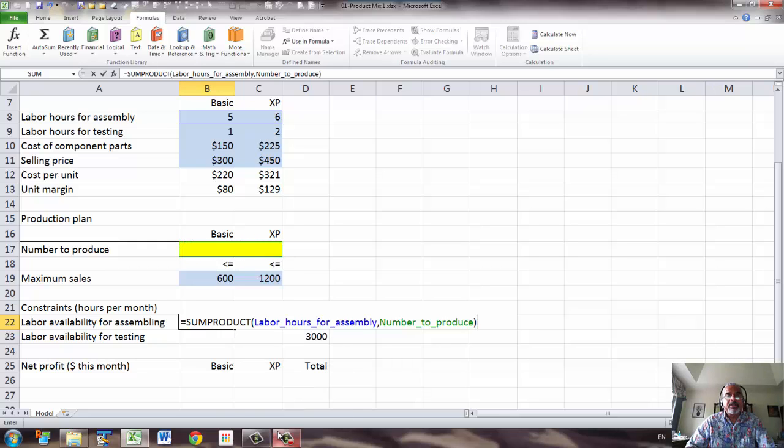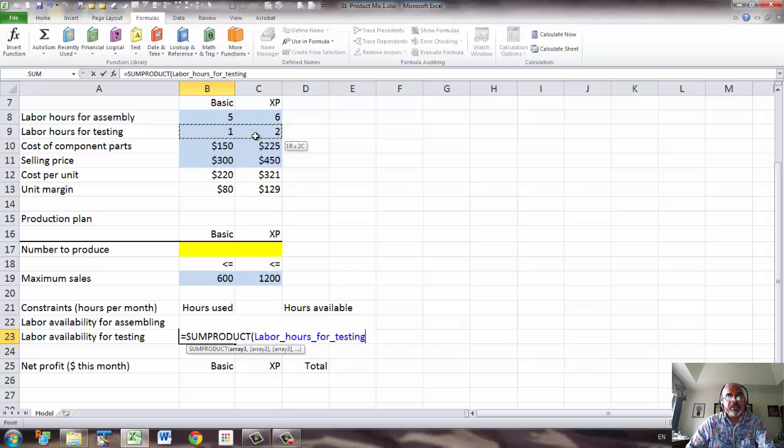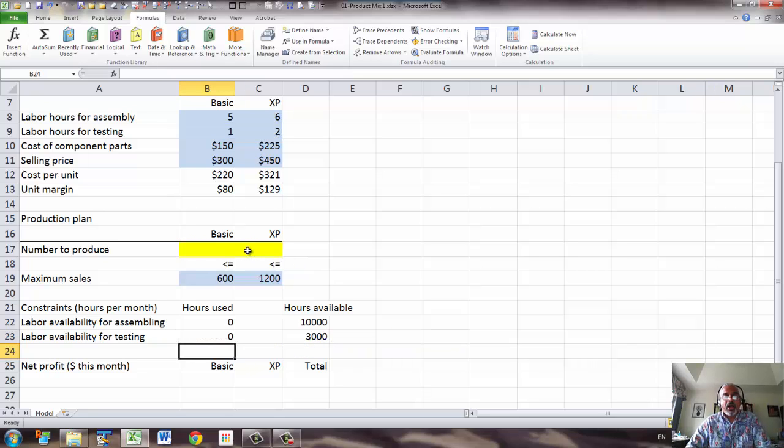So this will give us the hours that we will be using of assembly, and another SUMPRODUCT of labor hours needed for testing and units produced will give us the hours that we will use from testing, and these two should be less than or equal to the hours available. So these are the constraints.